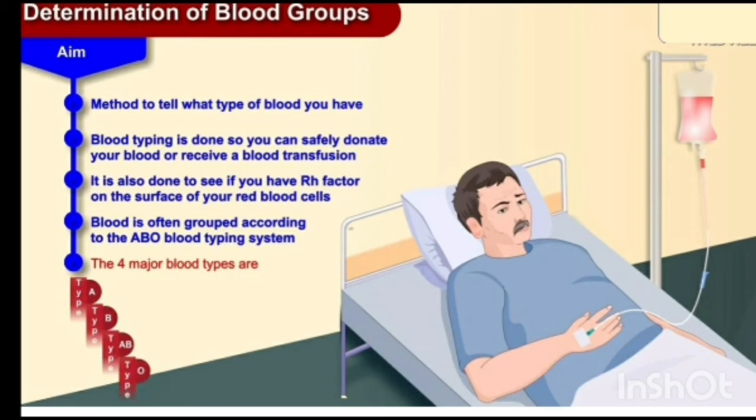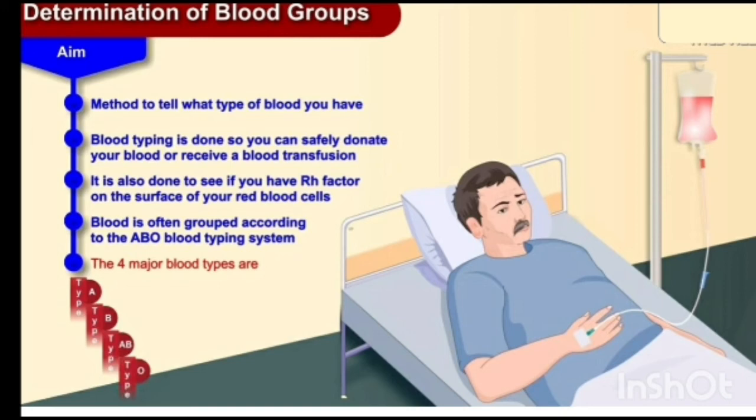So, determination of blood group, and why it is essential to know our blood group. The first point is that blood typing is done so you can safely donate your blood or receive blood during a blood transfusion.